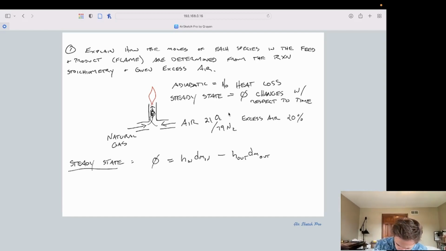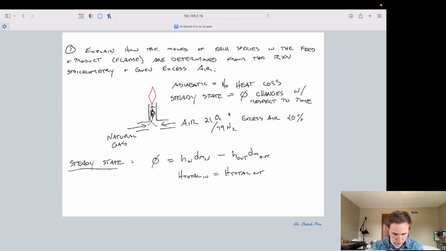Again, to clarify, this means that the total enthalpy coming into the system, the internal energy coming into our system, equals the energy that is then leaving the system.